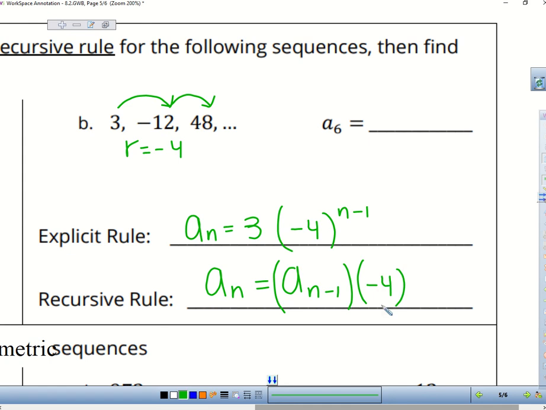Then we're going to plug in 6 for n. If you do that math, you do the exponent first, then the multiplication. That gives you negative 3,027.